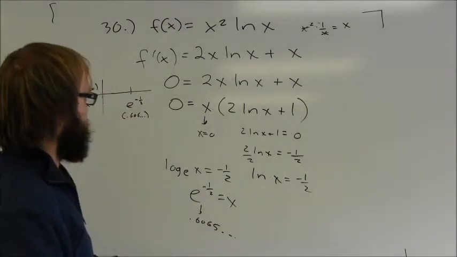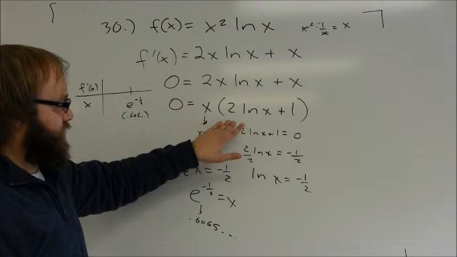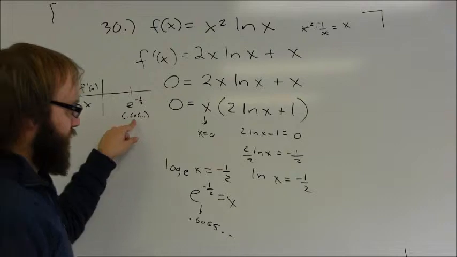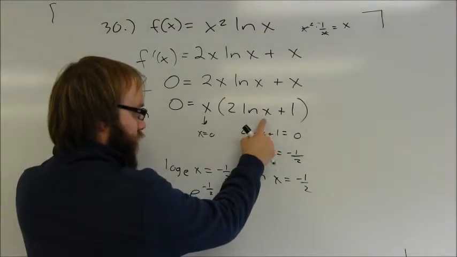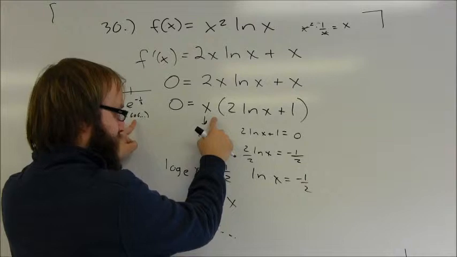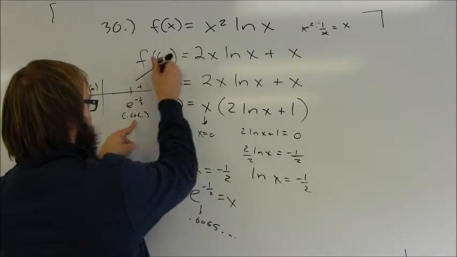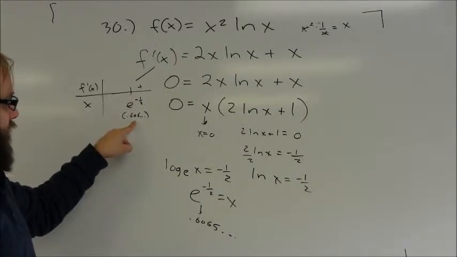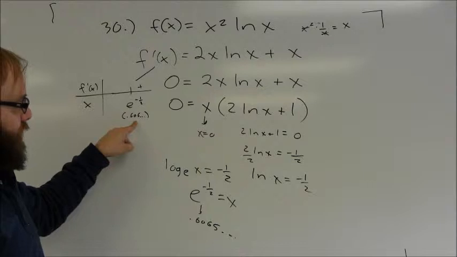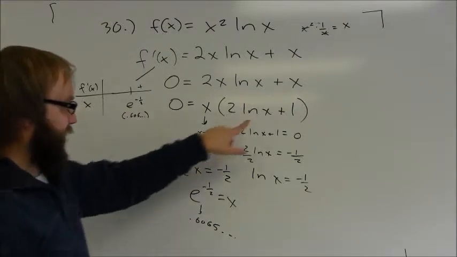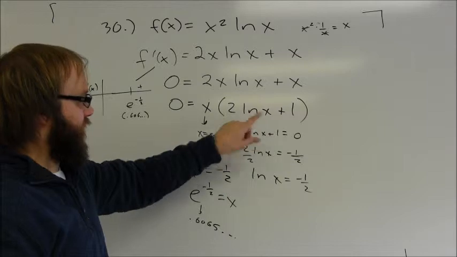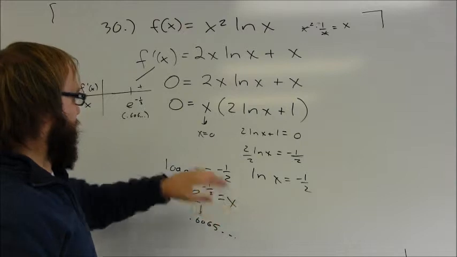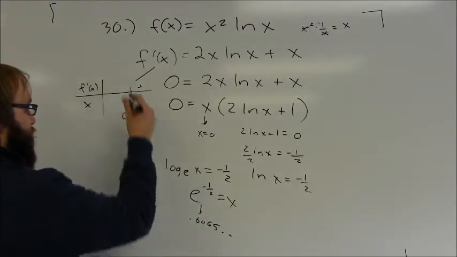If I want to test values here, I can put different values in. I think it's easiest to use the factored form of the function. This is about 0.606, so if I put a 1 in here, for example, ln of 1 is 0, plus 1 is 1, times 1 would give me a value of 1. So that would be a positive value, it's going uphill. Meanwhile, if you put a value less than this, something like 1/2 in here, for example, you're going to end up getting a negative value coming from this, which multiplied by 2 is going to give you a negative value here, and then when you multiply by that value there, you're going to end up with a negative value.